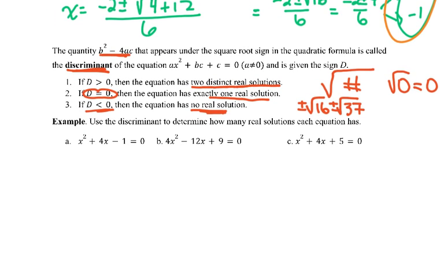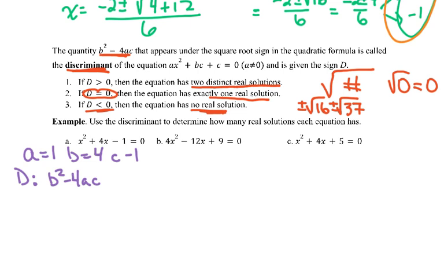So look at these examples right here, right? Let's use the discriminant to determine how many real solutions there are. So in A here, let's first identify our a, x squared is 1, our b, plus 4x, is 4, and our c is negative 1. Our discriminant, remember that's always b squared minus 4ac, it's what's underneath the square root.